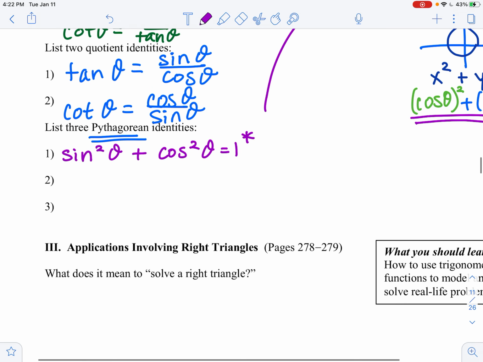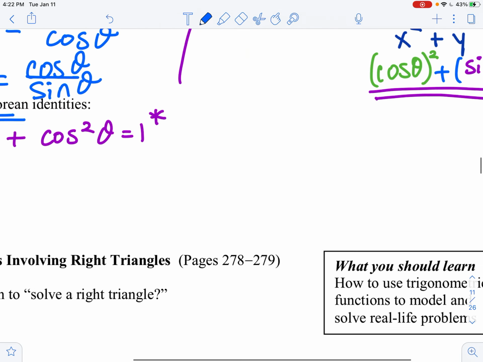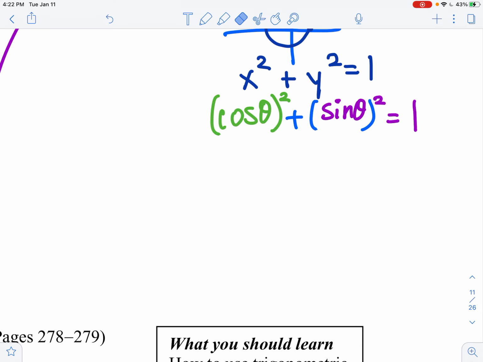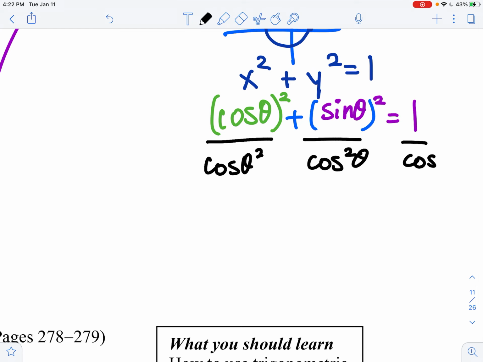We have 2 others that we can derive. If I take our cosine squared theta plus sine squared theta equals 1 and simply divide everything by cosine squared, then I know cosine squared divided by cosine squared is 1.